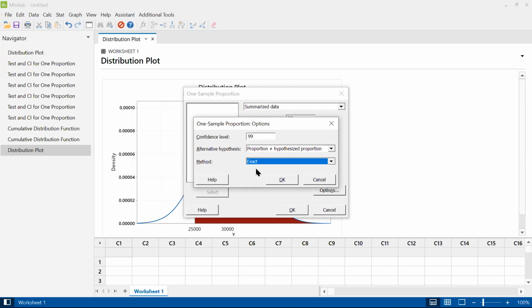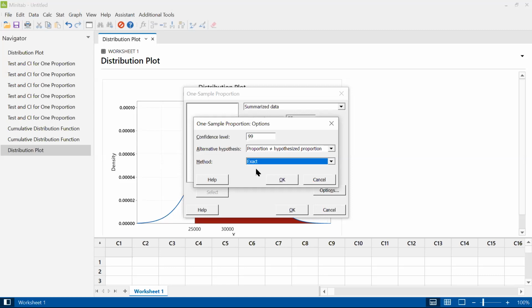And in my other stats classes, my gen ed stat classes, we have a calculator that doesn't do the exact method. It only does the normal approximation. So the answers on there go with normal approximation. The ones that you get from exact are a little bit different. And I actually prefer the exact ones, and I just didn't think to change the answers on the practice test.